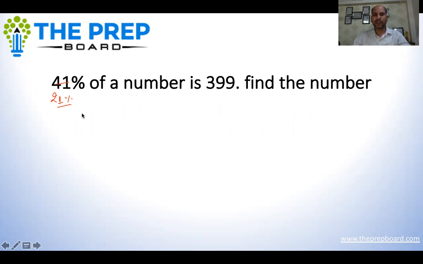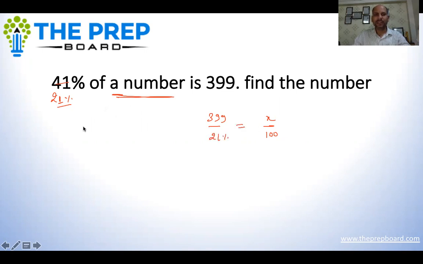So here one number, 399, is given and another unknown number we are supposed to find out. We know that out of these 2 numbers, the reference is the number which is not given here. So that unknown number we assume x should be 100%, and this 399 should be 21%.